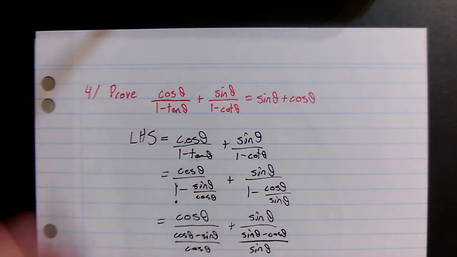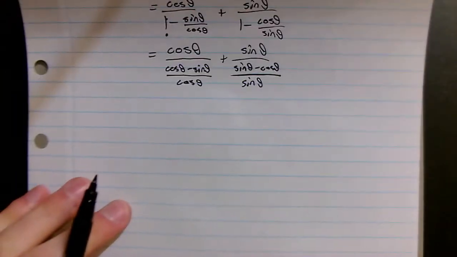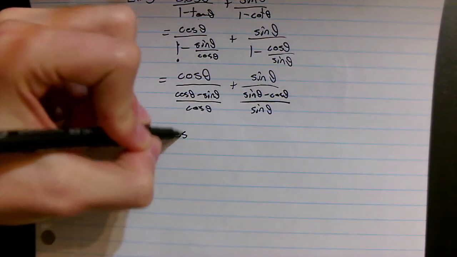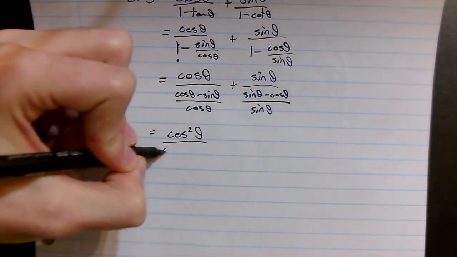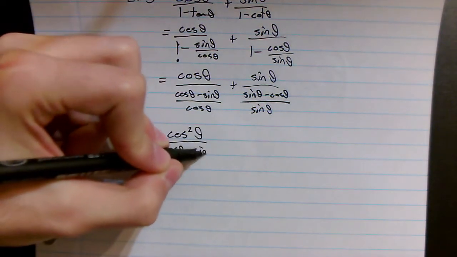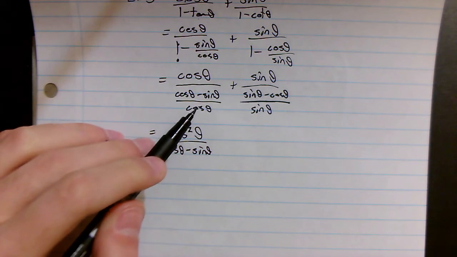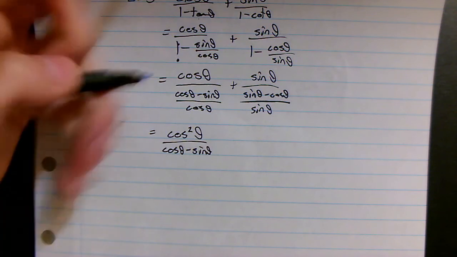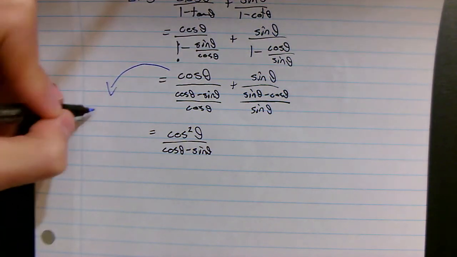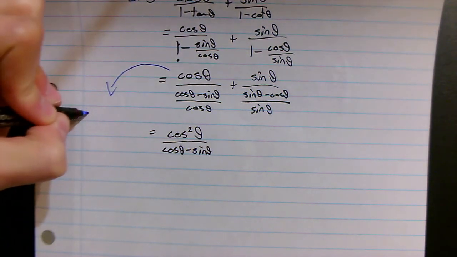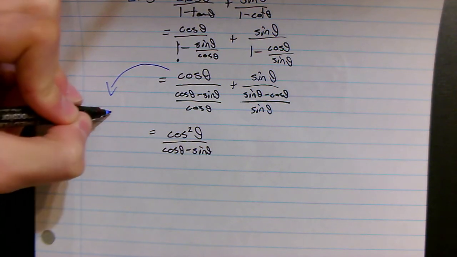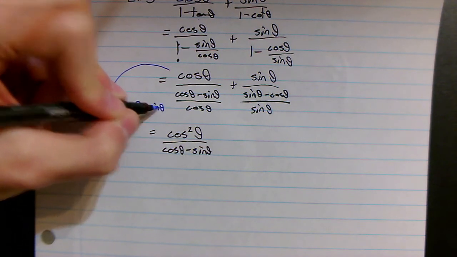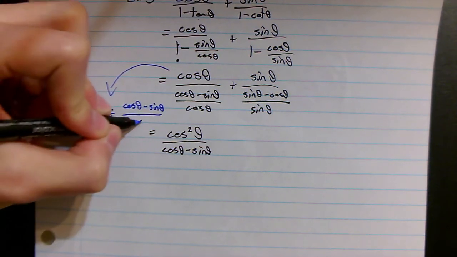Now, going further, I can get from this line to say it's equal to cos squared theta over cos theta minus sine theta. Basically you can just bring that cos up. If you're having trouble with how this works, think about what the fraction means. We're saying it's cos theta divided by cos theta minus sine theta, all over cos theta.